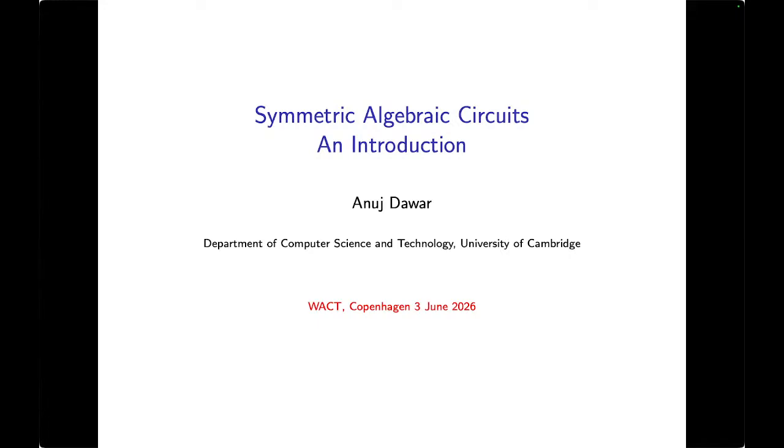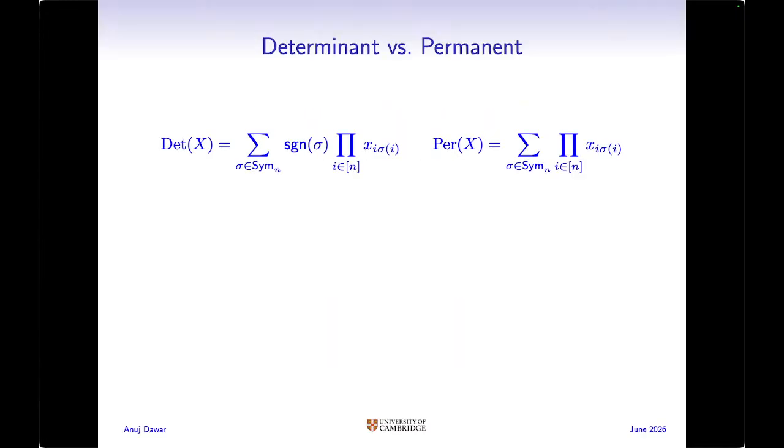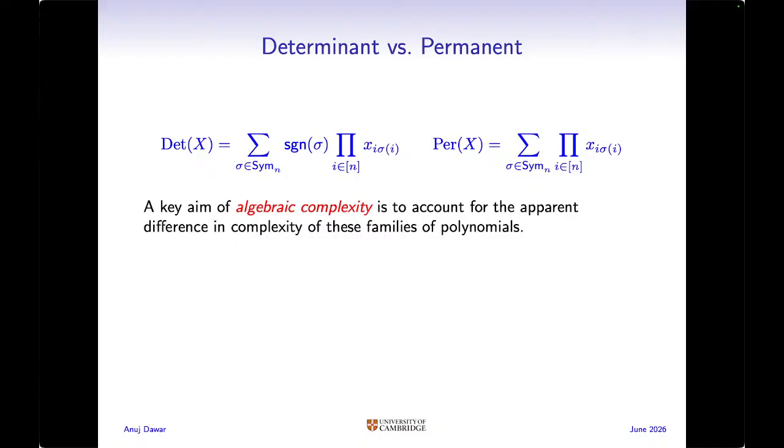Okay, so I will start by returning to Avi's non-identical grids, the determinant and the permanent. So this is going to be the motivating point of my talk.